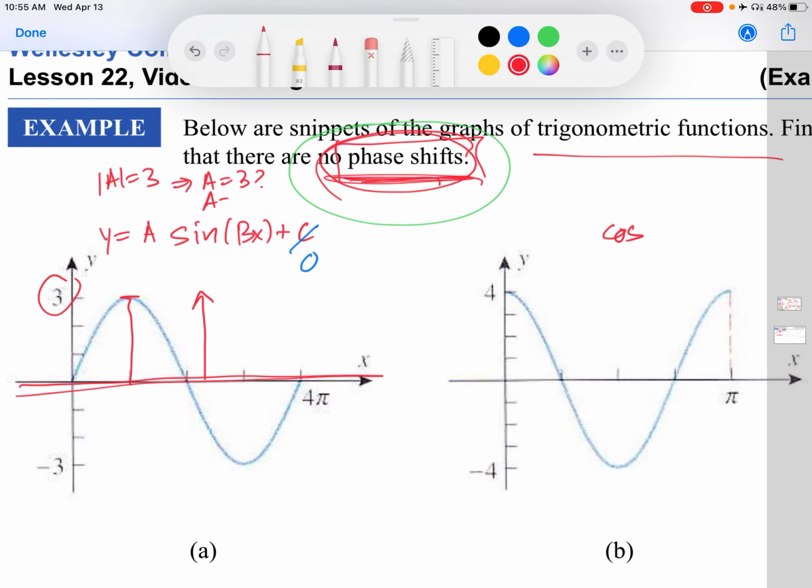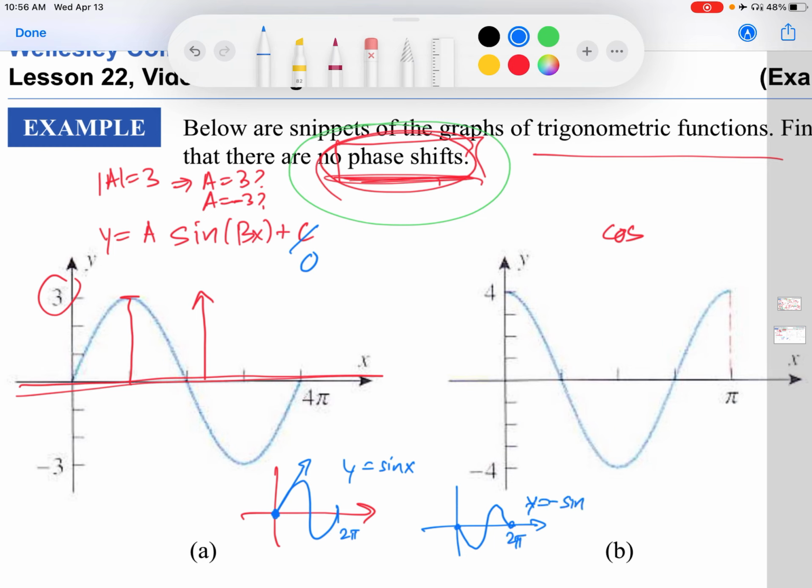So how do I decide between -3 or 3? Well, that is a question about what the graph looks like, where it heads off when it starts at 0. This is the graph of sine of x, y equals sine of x. Starts at 0, goes up to more positive y values, as opposed to the graph of negative sine x, which is this one, y equals negative sine x.